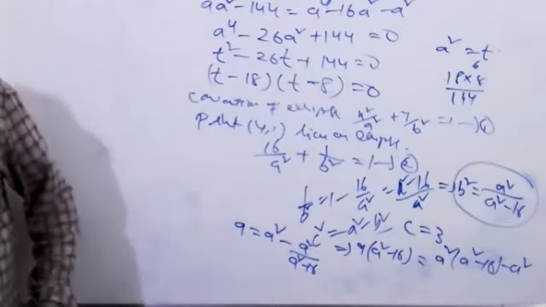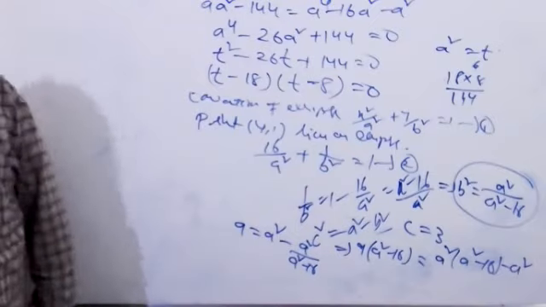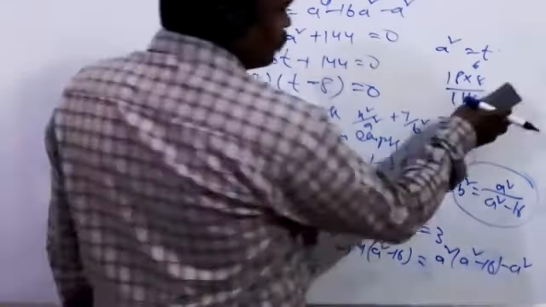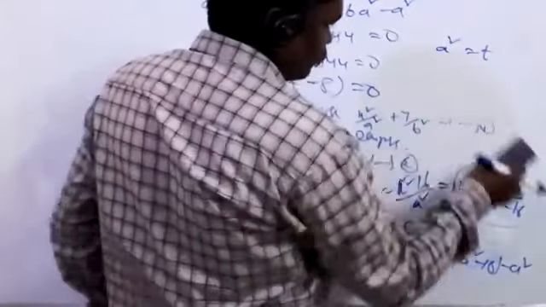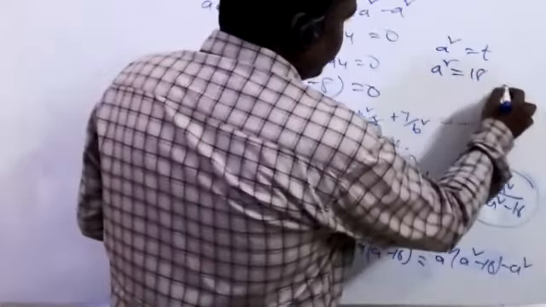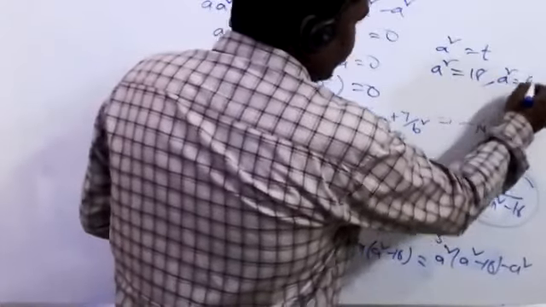Then a square value. So now we have to take two cases, no? a square is equal to 18 and a square is equal to 8.